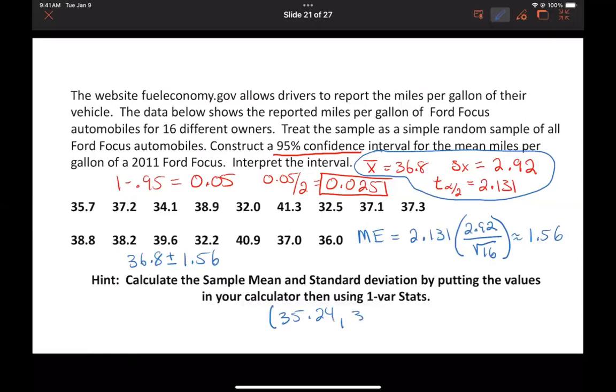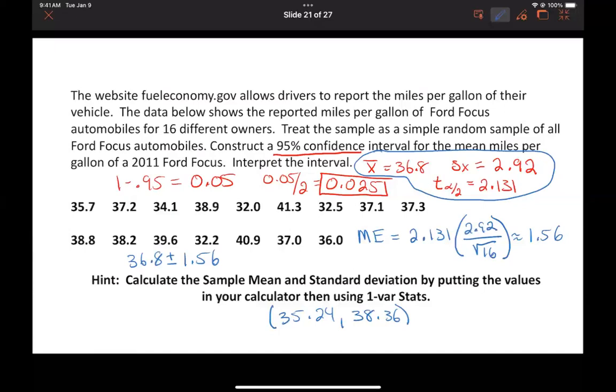That's 38.36. So you would say that we are 95% confident that the actual mean miles per gallon of Ford Focus automobiles is between 35.24 and 38.36 miles per gallon.